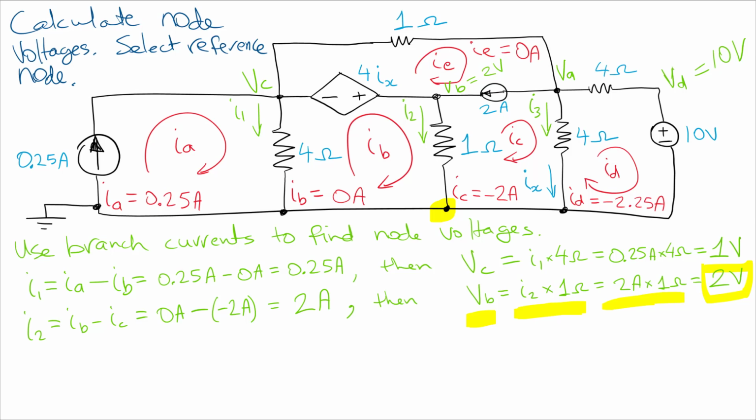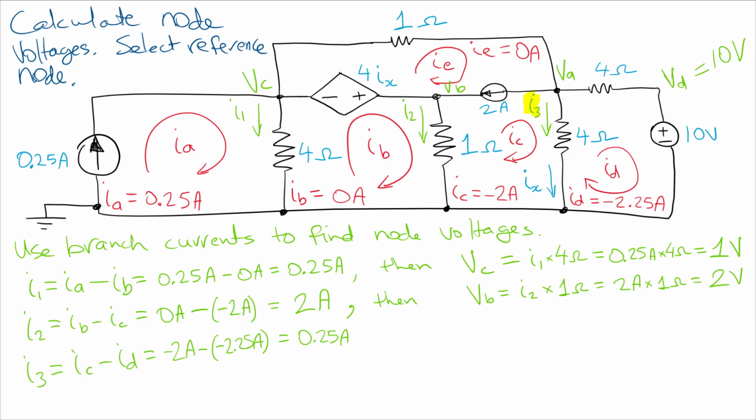We keep going and calculate the I3 branch current. It is in the same direction as IC, so it's equal to IC. It's in the opposite direction of ID, so it's minus ID. Put in the values and we get a current of 0.25 amps. So that's the current through here, and that's also the same as IX.